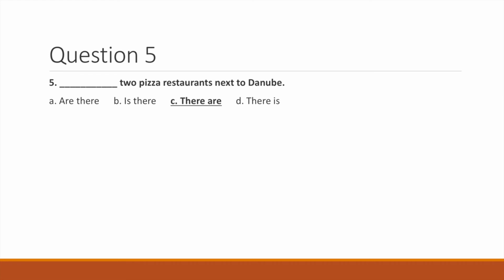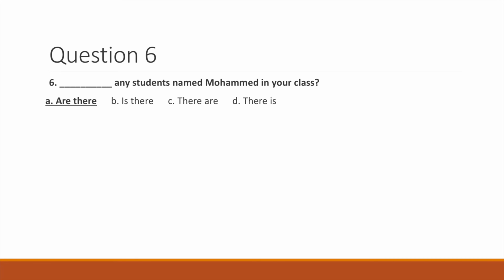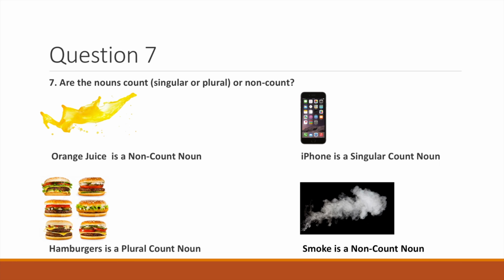We know we have a statement, so we have to start with there. We're talking about 2 pizza restaurants, so something plural, and C is the correct answer. Question 6. Blank any students named Mohammed in your class. Here we have a question, so we must start with the be verb. We're asking about something plural, students, so we need the plural form of be, and A is the correct answer.